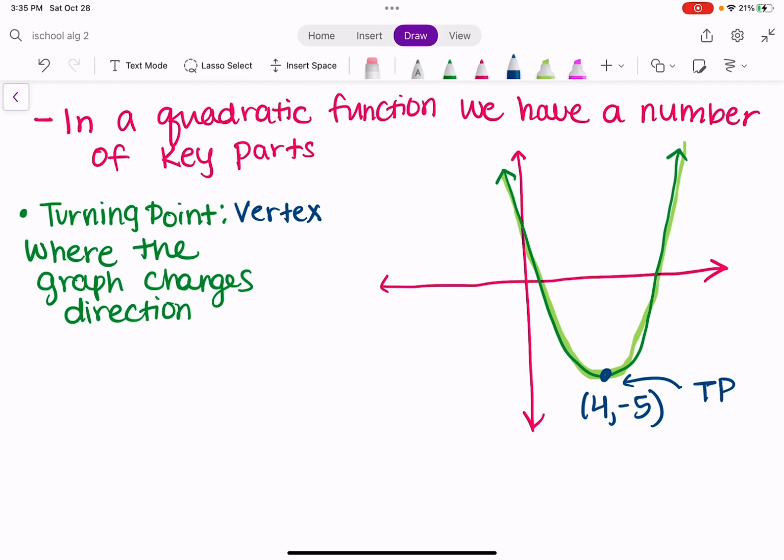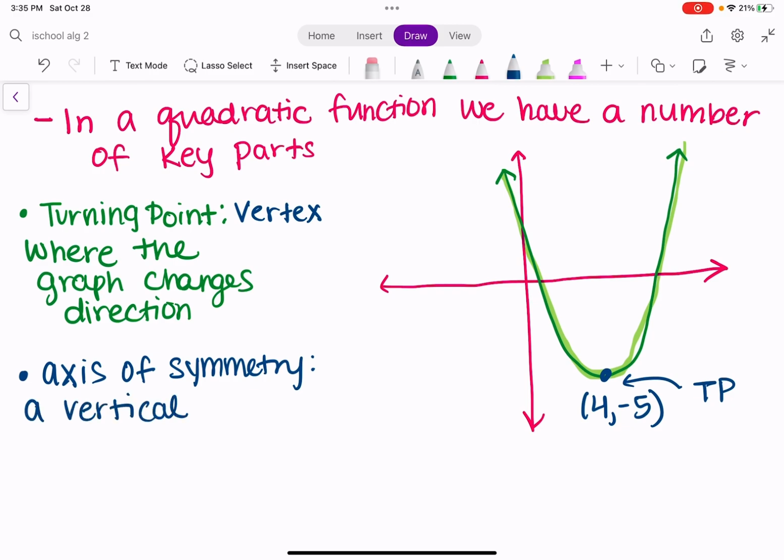The next vocab that I want you guys to know is what we call the axis of symmetry, okay? So the axis of symmetry is a vertical line that cuts the graph in half.